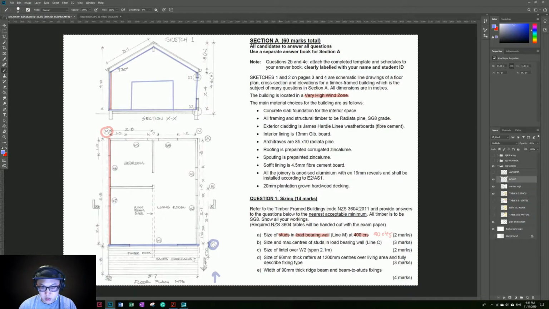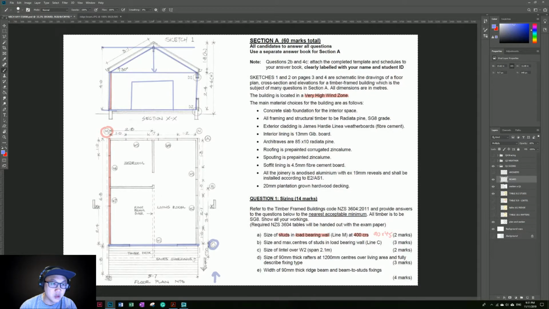So now we need to know the size of the load bearing wall. So you can see here it's a bit higher than the 2.4 because that wall is going all the way to the ridge, so we need to include that in our calculation. So here, the wall, from here to here, that's like 4 meters.